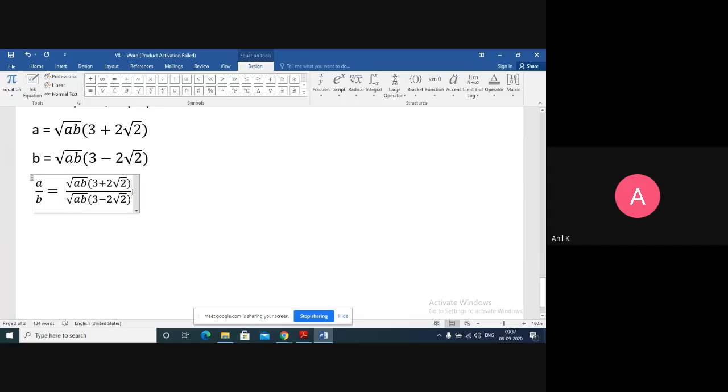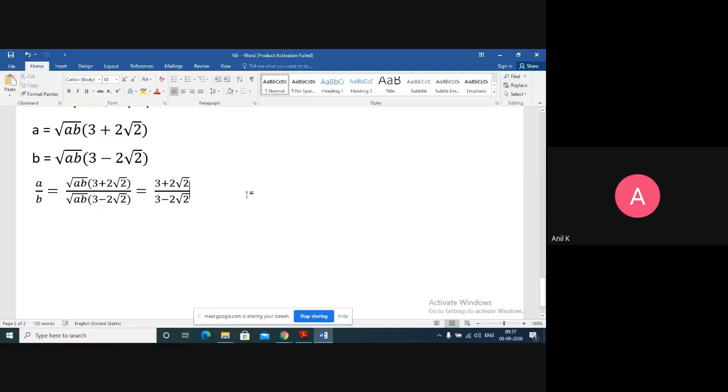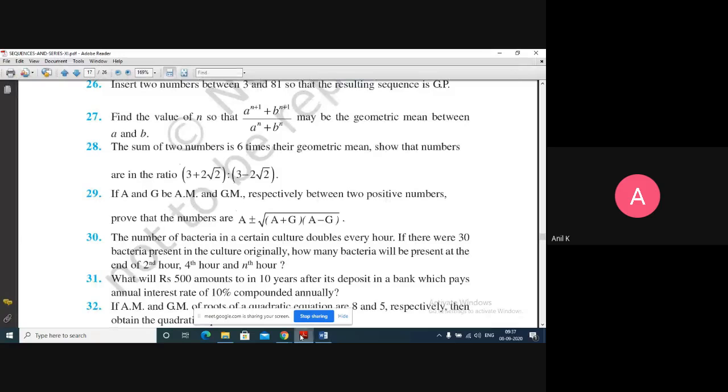Now what happens here is root AB will get cancelled in both numerator and denominator. So my answer is going to be 3 plus 2 root 2 upon 3 minus 2 root 2. So this is what they asked you to prove. Show that the ratio of the two numbers is 3 plus 2 root 2 upon 3 minus 2 root 2.